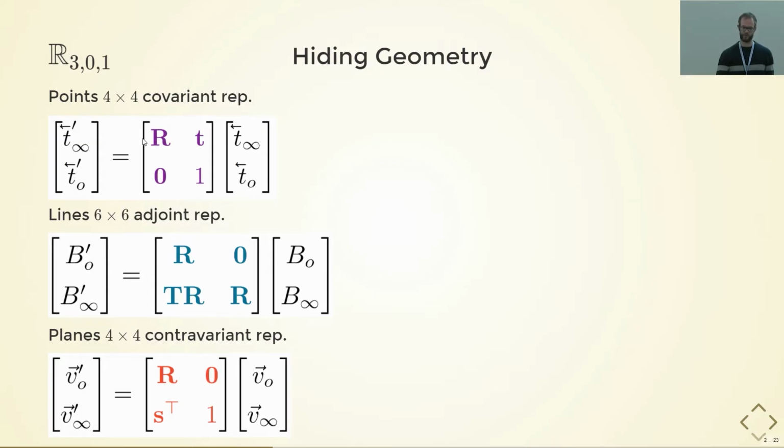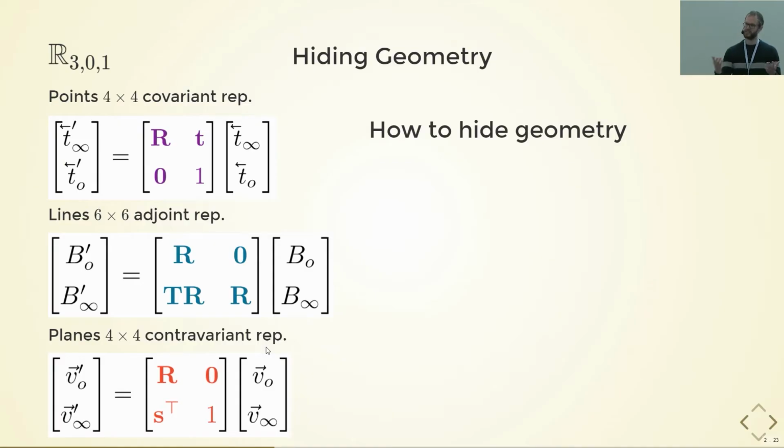To transform a point, I take the vector representing the point, act on it with this 4x4 homogeneous matrix, and then I get the updated point. For lines, you have this 6x6 adjoint representation. And for planes, we have a 4x4 contravariant representation.